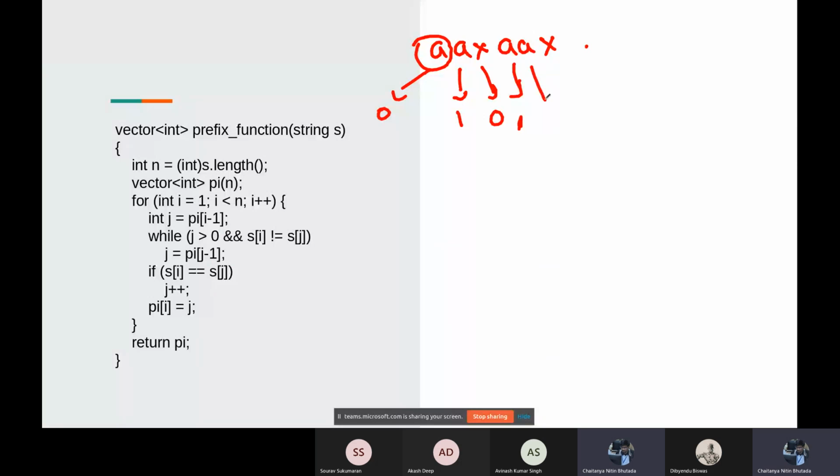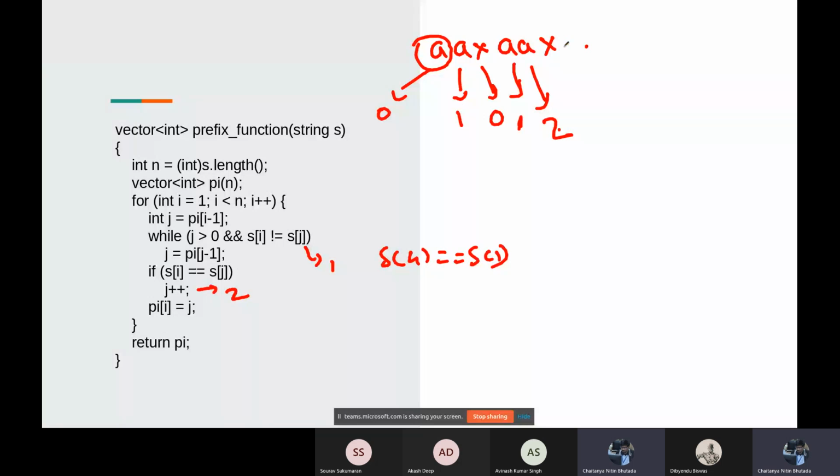Now in this case, we put j equal to 1, j is greater than 0, and s of 4 is equal to s of j, which is 1. So s of 4 equal to s of 1. So we don't need to go here. We increase the value to 2. So we put pi I of 4 is 2.